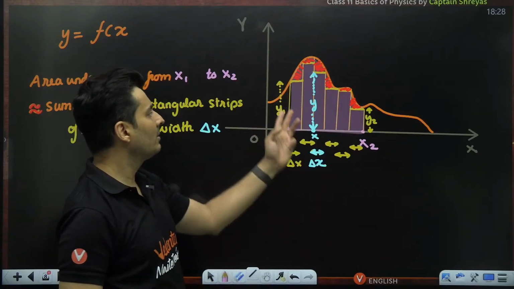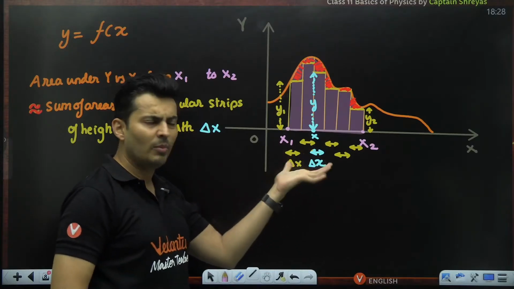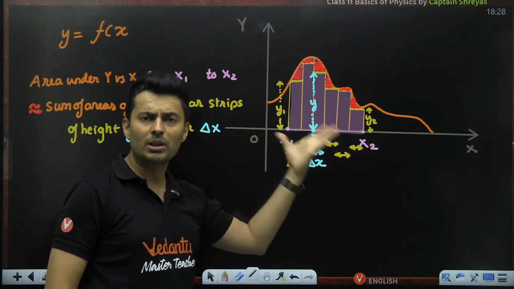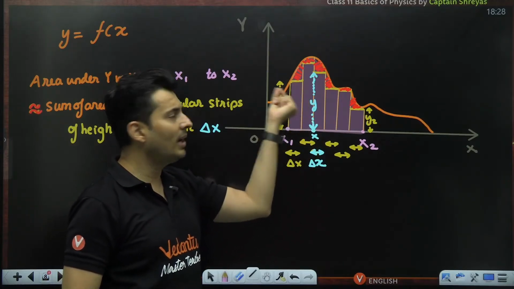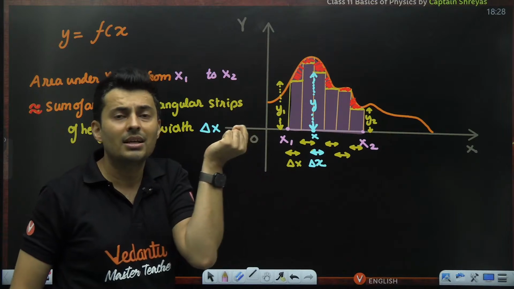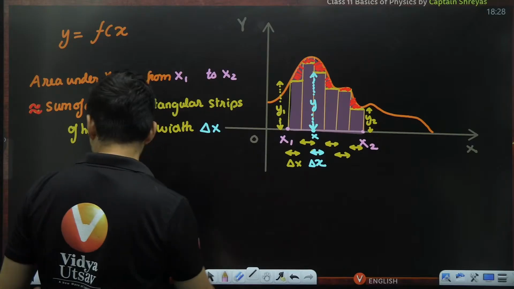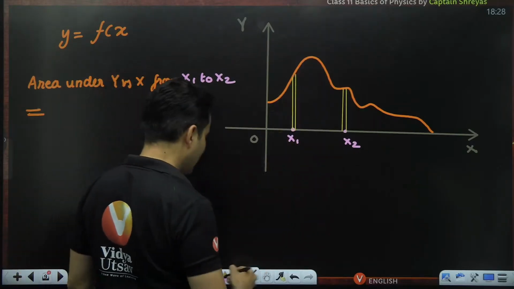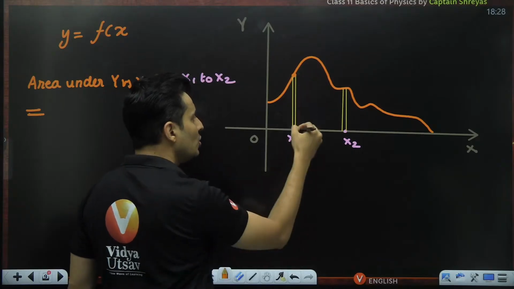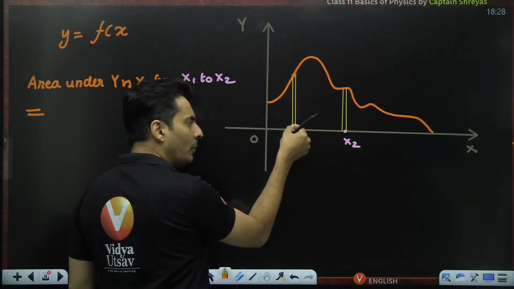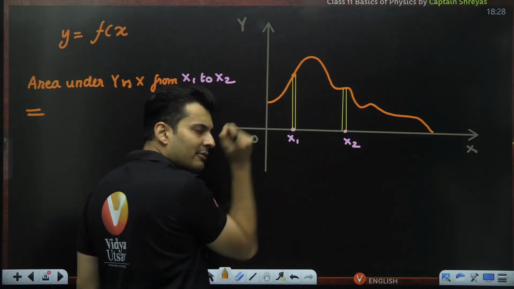The red part is coming because these strips are wide. The delta x is a big value, maybe 0.1, 0.7 to 3.5, whatever. But if you make it very, very small, then these two lines will come very, very close to each other. For every point on this curve, you are taking two parallel lines of height some y and width which is very, very small.